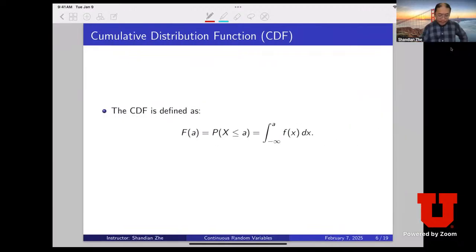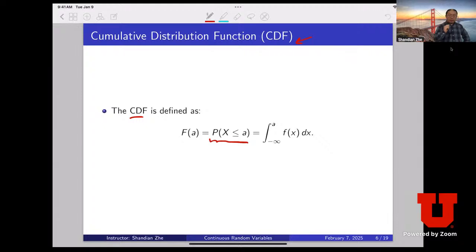So next, based upon the PDF, the probability density function, we define the so-called cumulative distribution function, CDF. The CDF is defined as the probability for a particular type of event.